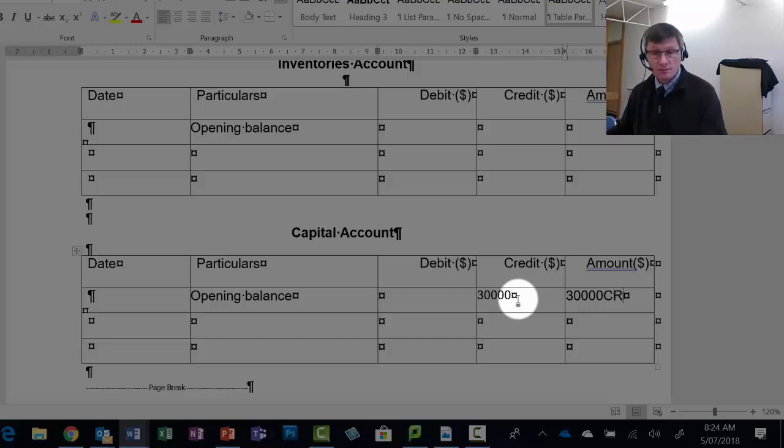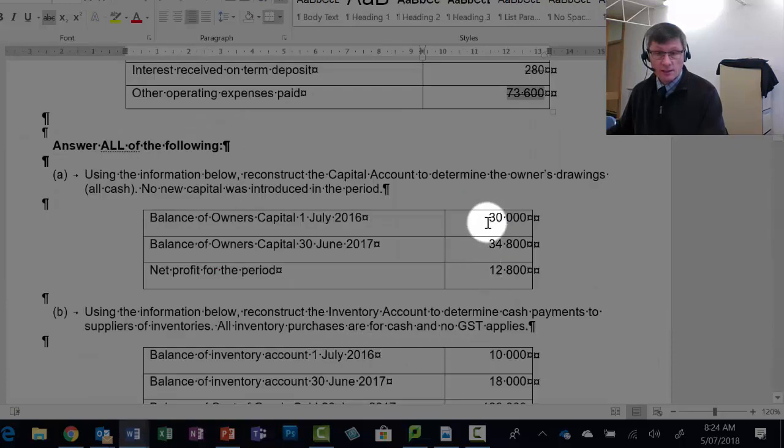That's I guess a bit of a trick here, but you should know by now that any balance in the capital account, 99.9% of the time, is always in credit. So we've got that bit sorted. Again, I'm being methodical and crossing these off. The balance at the end is 34.8, and the net profit for the period is 12.8.